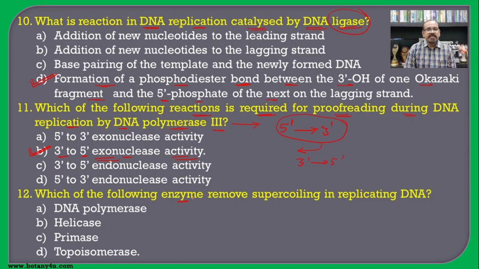Then, which of the following enzymes removes supercoiling in a replicating DNA molecule? As we know, DNA is a double-stranded helical structure, with two strands joined by hydrogen bonding, and there is supercoiling. Such supercoiling is removed by the enzyme known as topoisomerase, or gyrase, and hence D is the correct answer.